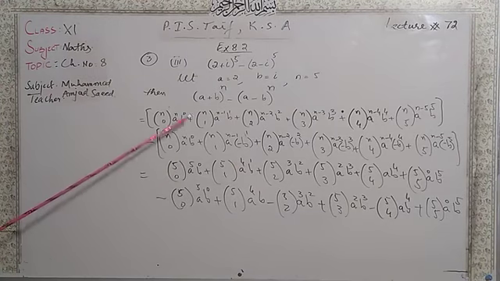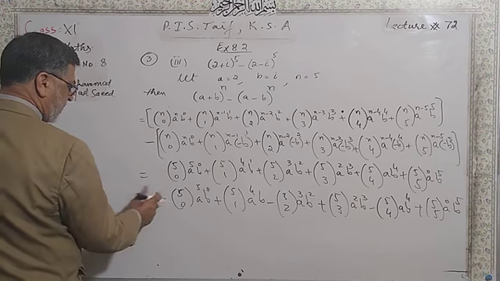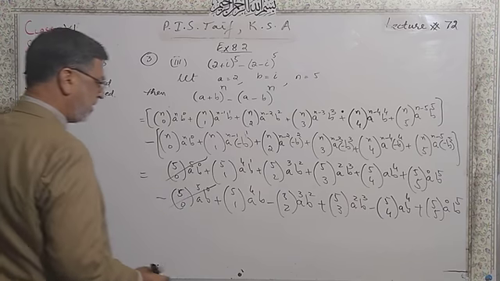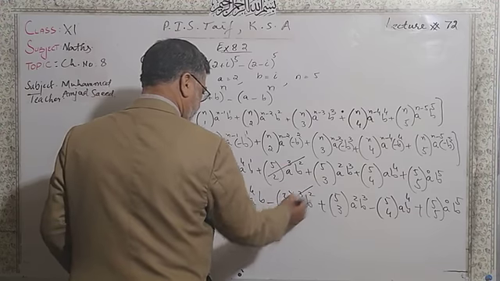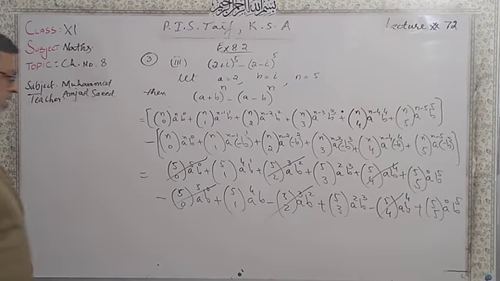Dear students, you can check your terms. First term 5C0 a^5 b^0 and minus 5C0 a^5 b^0 cancel out. Similarly, the third terms and fourth terms cancel out.